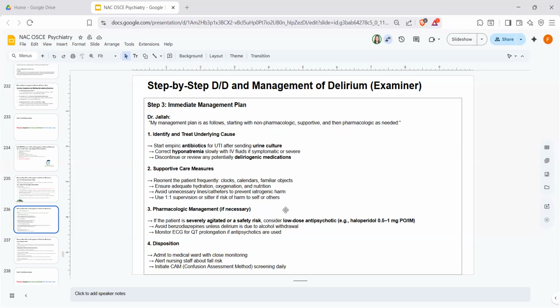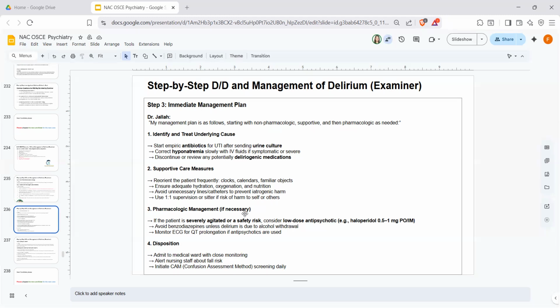Unnecessary lines are to be avoided so that we do not cause iatrogenic harm, since patients with delirium can sometimes pull on their lines and cause unnecessary trauma. We can use one-on-one supervision or a sitter if there is risk of harm to self or others. Usually a nurse or a PSW would be monitoring the patient closely.